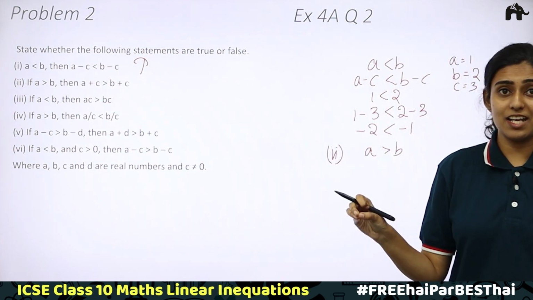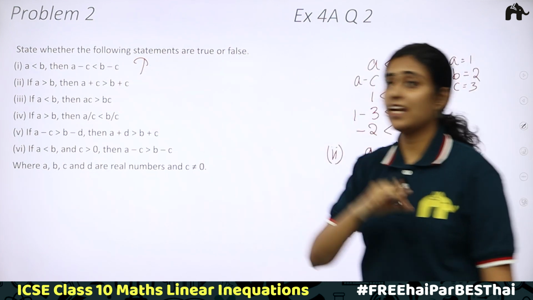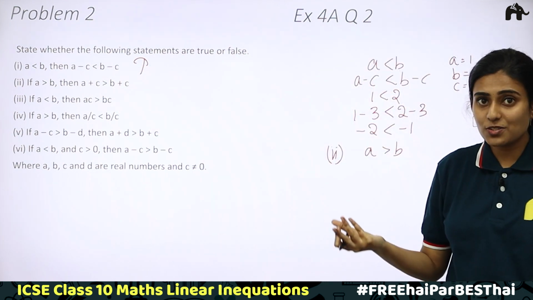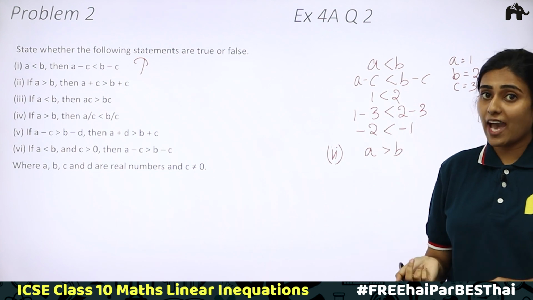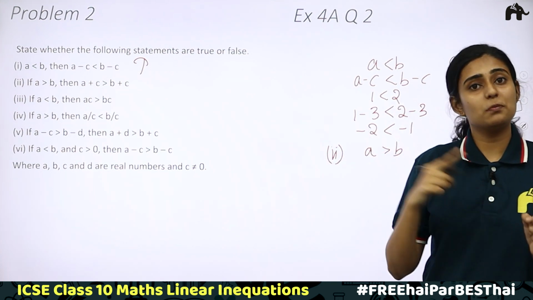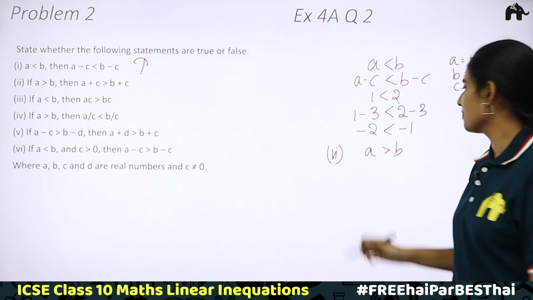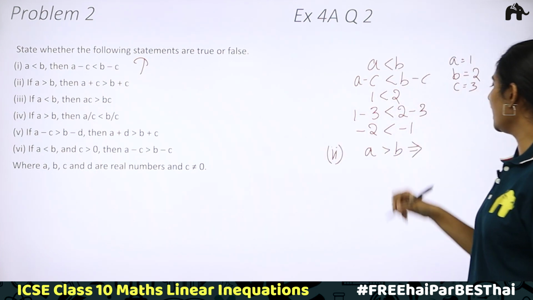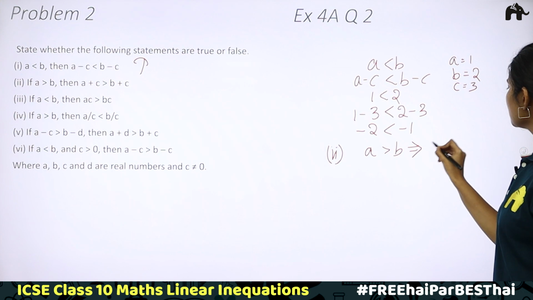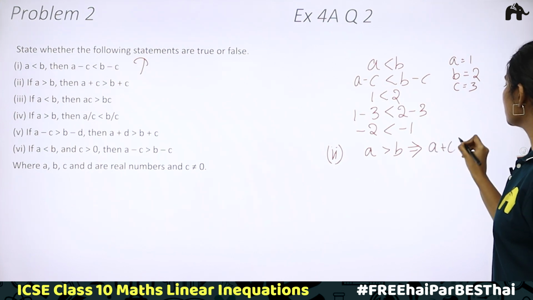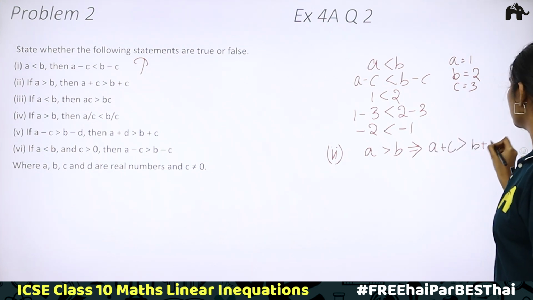We are adding a number, that is C, on both sides. Then according to first rule, if you add same number on both sides, the inequality remains the same. Therefore, A greater than B means A plus C is greater than B plus C.